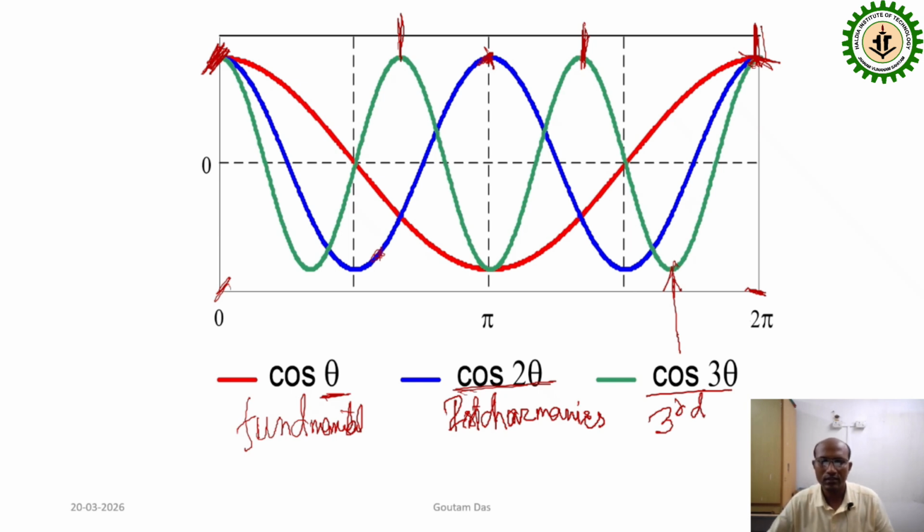Okay, so these are the different harmonic components of these waveform signals.